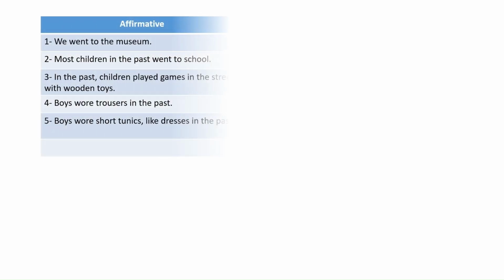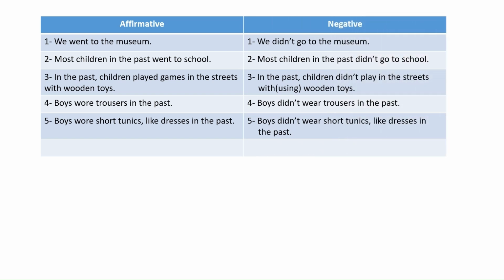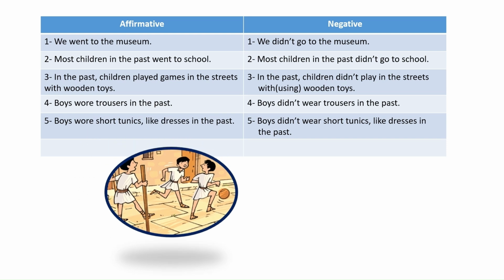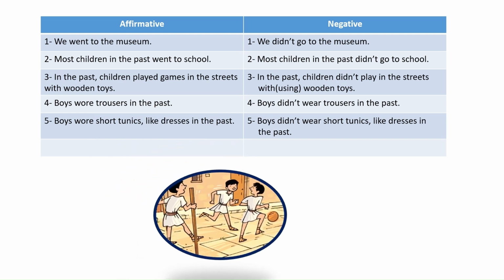Look at these examples. 1. Affirmative: we went to the museum. Negative: we didn't go to the museum. 2. Affirmative: most children in the past went to school. Negative: most children in the past didn't go to school. 3. Affirmative: in the past, children played games in the streets with wooden toys.